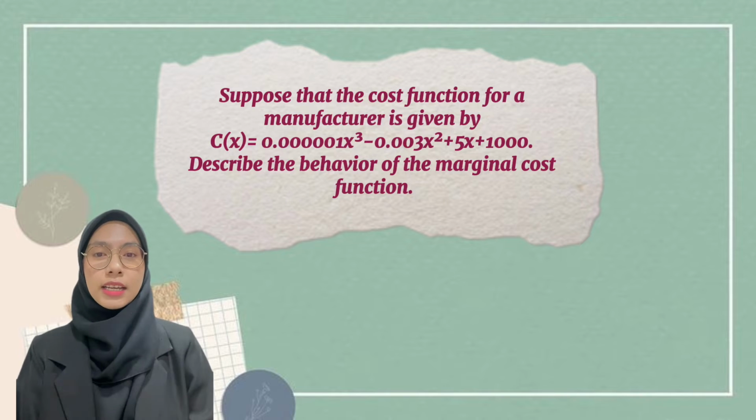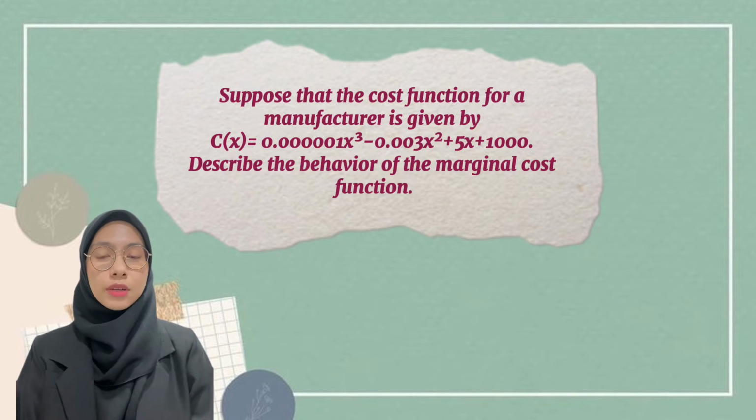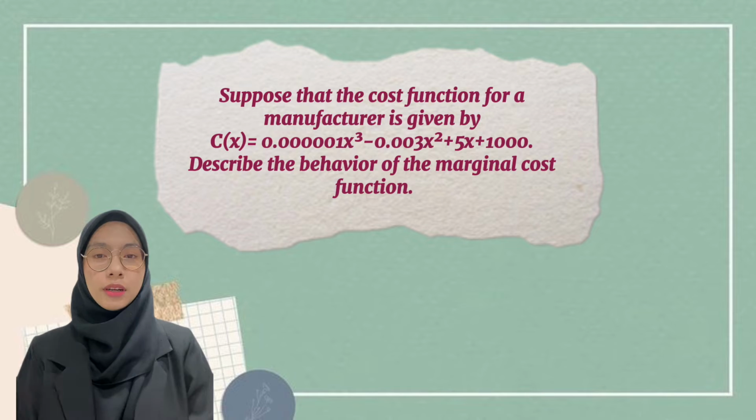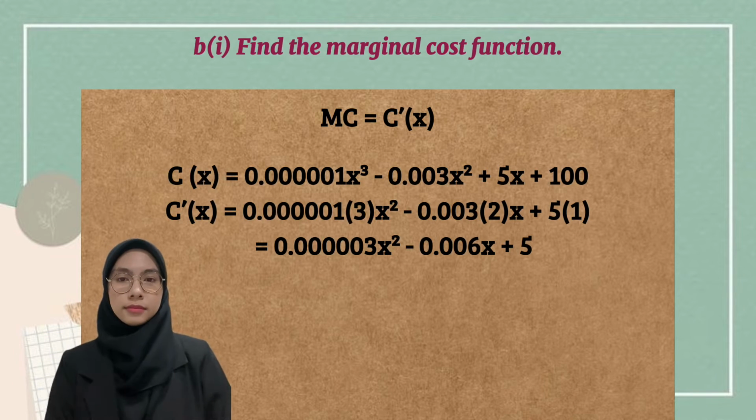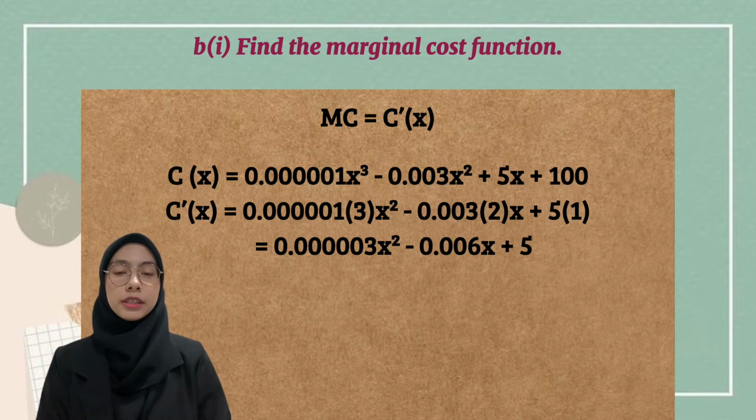The next question is, suppose that the cost function for a manufacturer is given by C(x) equal to 0.000001x cubed minus 0.003x squared plus 5x plus 1000. Describe the behavior of the marginal cost function. The first question is find the marginal cost function.